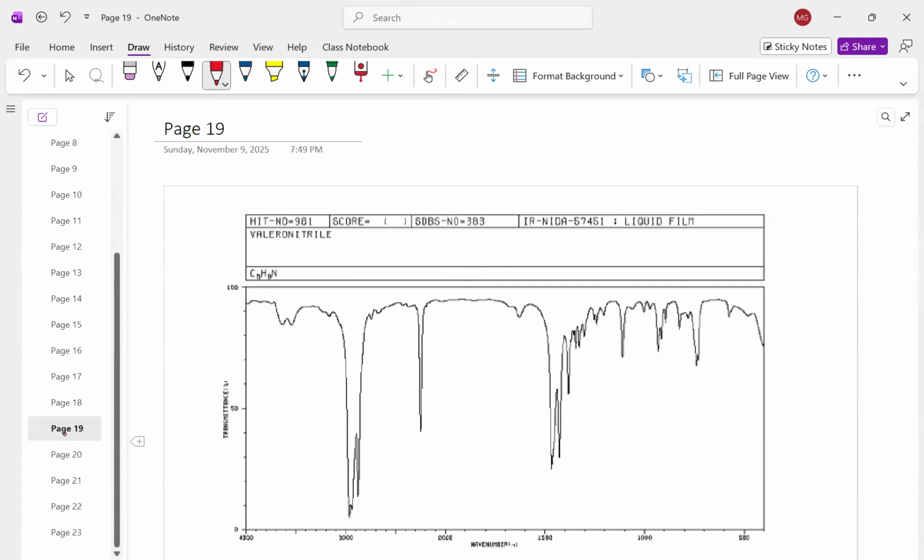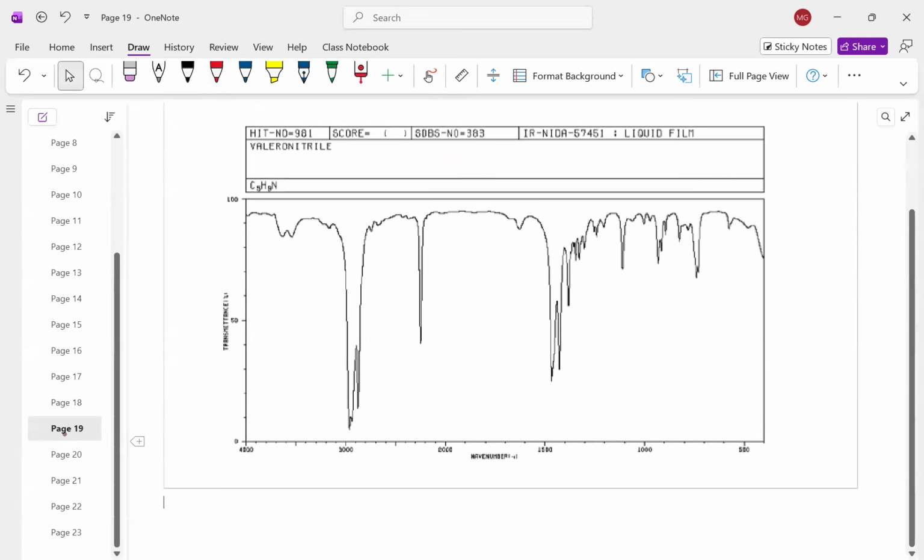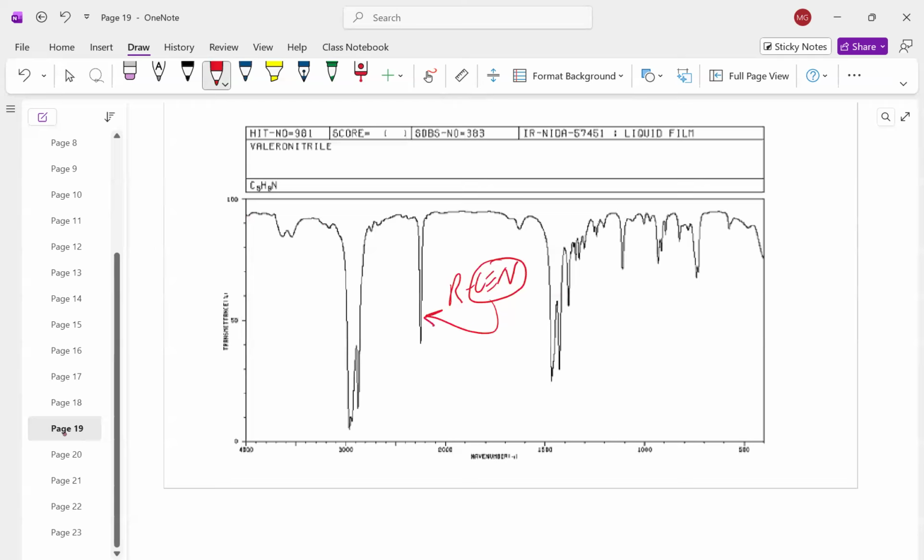All right, and then finally, last functional group I want to look at are nitriles. So a carbon-nitrogen triple bond. The big way that we know we have something like that is because it's going to be in our triple bond region, very similar to where we would find a carbon-carbon triple bond.